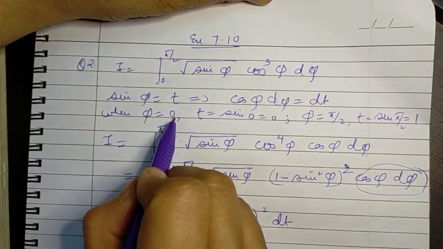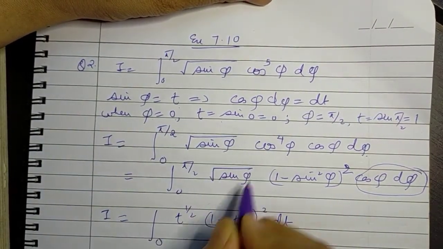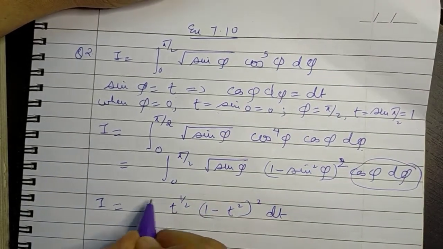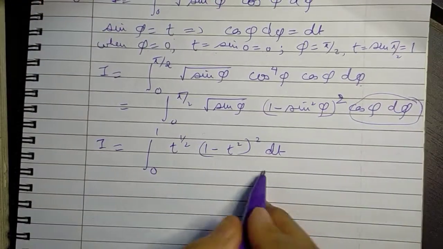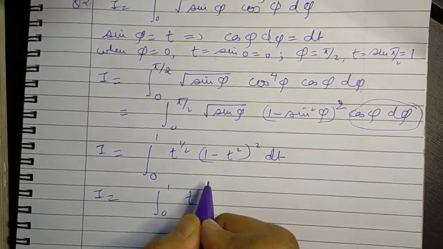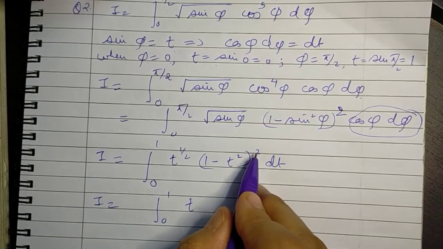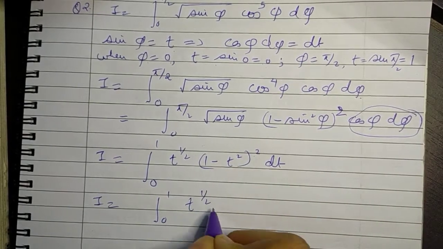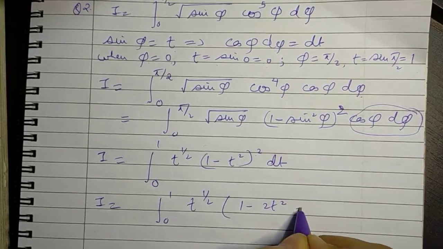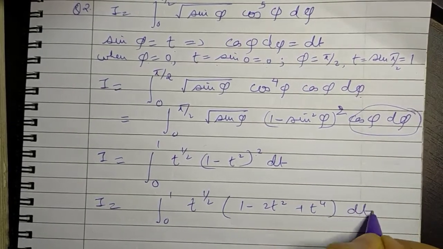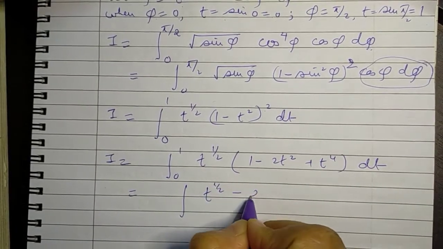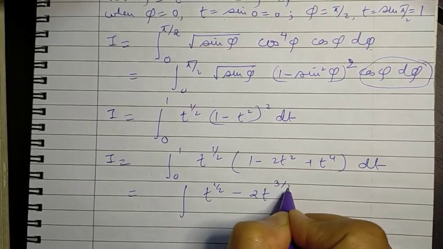Now the limits will be written in terms of t. So when phi is 0, t is 0. When phi is pi by 2, t is 1. So we write over here 1. Now simply evaluate like a regular integral, 0 to 1, t raised to half, and this is 1 minus t squared whole squared. So it can be written as 1 minus 2t squared plus t raised to 4 into dt, and we evaluate it as t raised to half minus 2t raised to the power of 3 by 2.